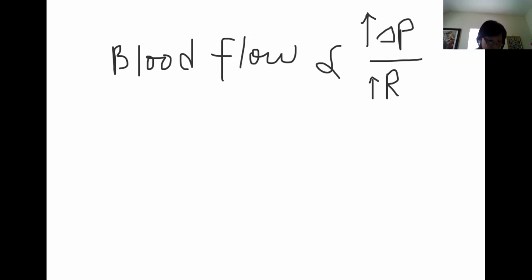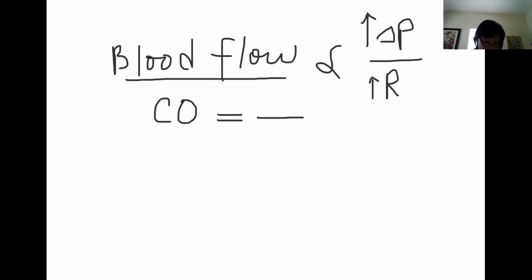All right, now we can say blood flow, if it is the blood going through the systemic circulation in 1 minute, through the heart on one side, then it's cardiac output. So we can say cardiac output is related to the pressure and the total resistance.